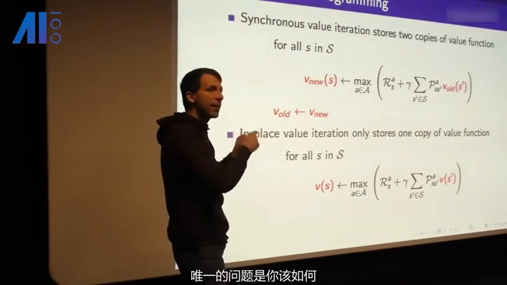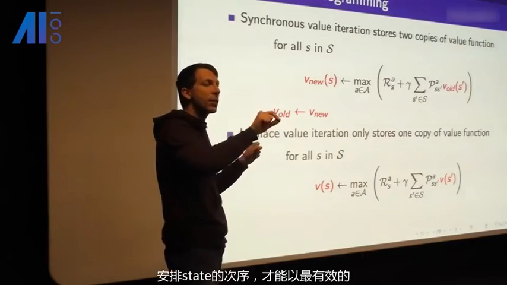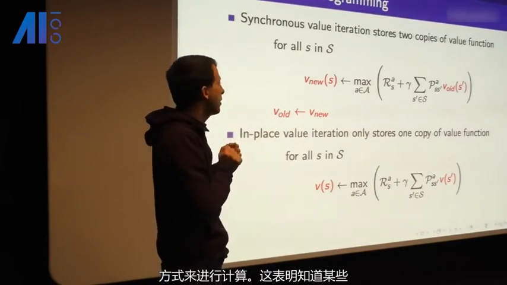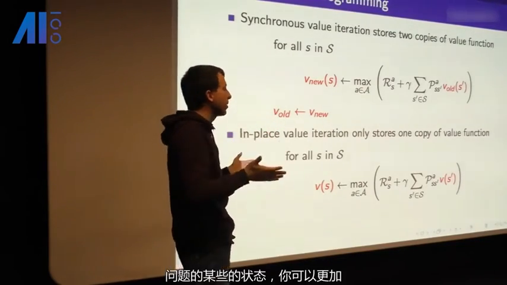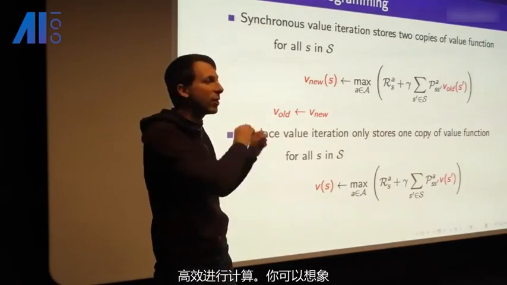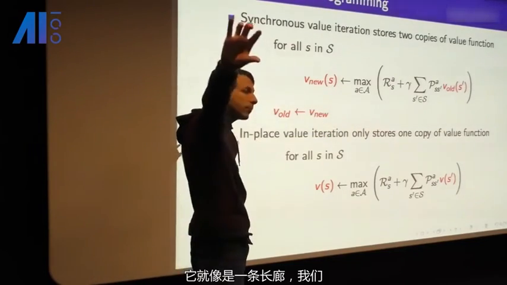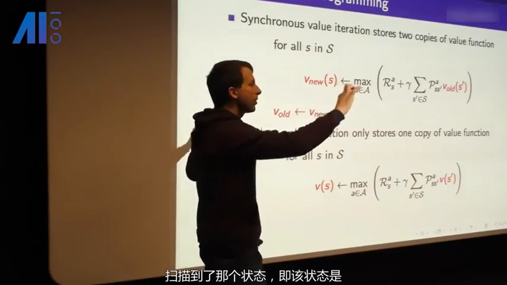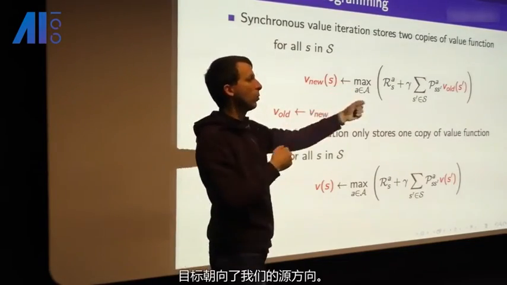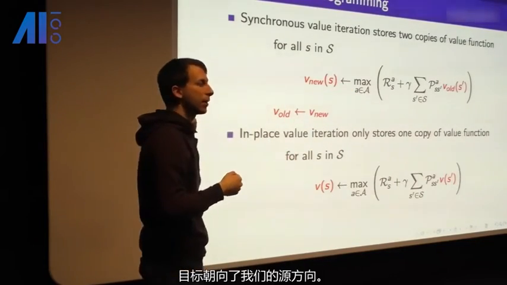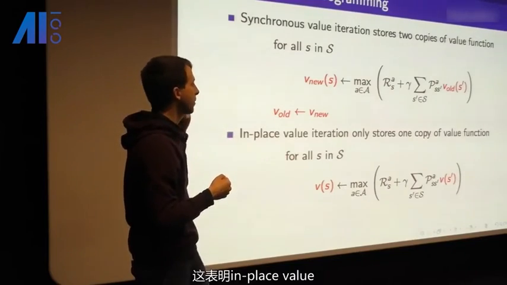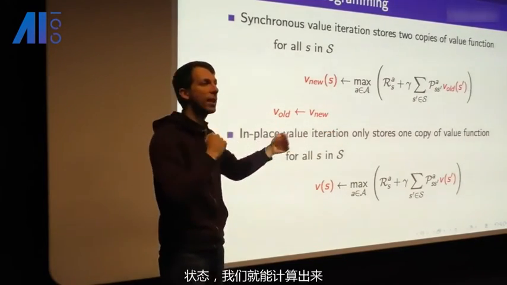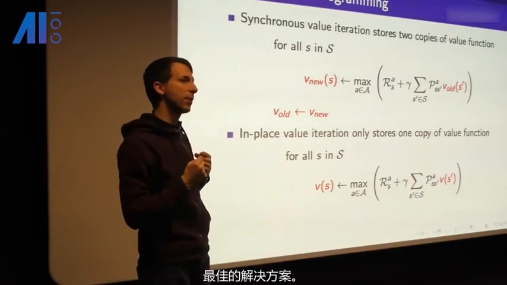The only question now is, how do you order states so as to compute things in the most efficient way? In some problems, you can be much, much more efficient. Imagine you've just got a single corridor, and you happen to sweep over your states in a goal towards source direction. Then in-place value iteration in one sweep through all of your states will have already computed the optimal solution.